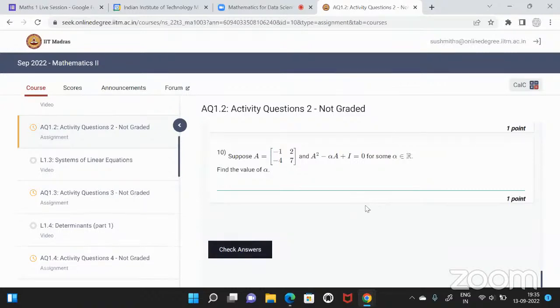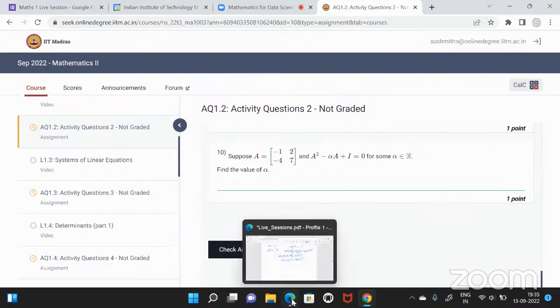I found the value of A squared by multiplying the matrix A by A. Here the value of alpha is not coming as what is given in the answer. Can you just tell me the approach to solve this?